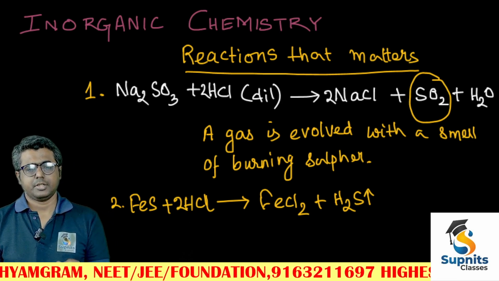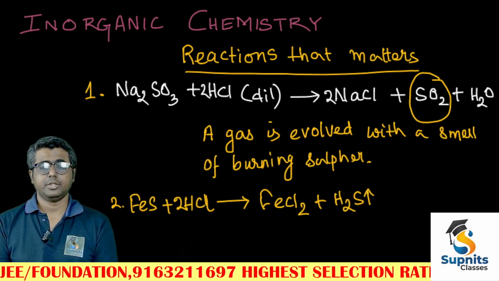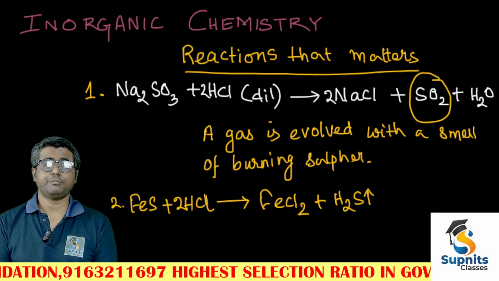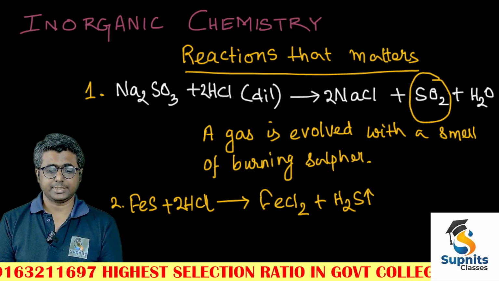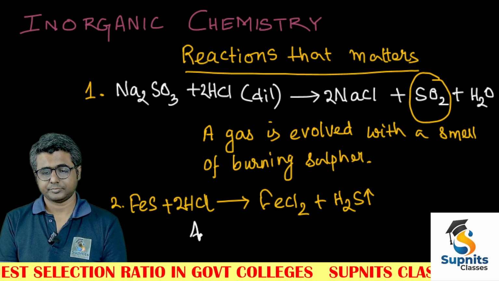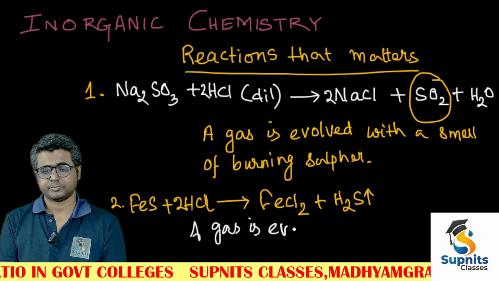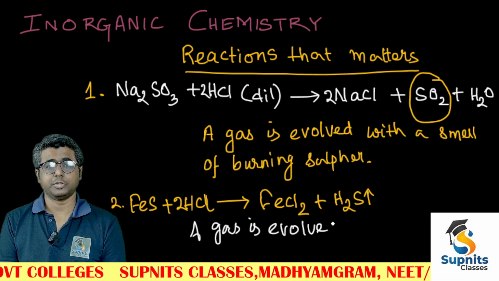So, in this case what will be the observation? Again a gas is evolved with a smell of rotten eggs. A gas is evolved with a smell of rotten eggs. Please write down with me.